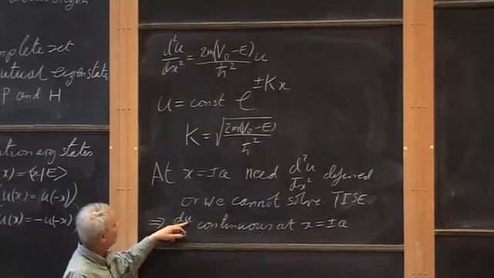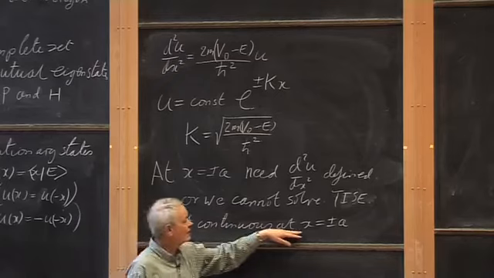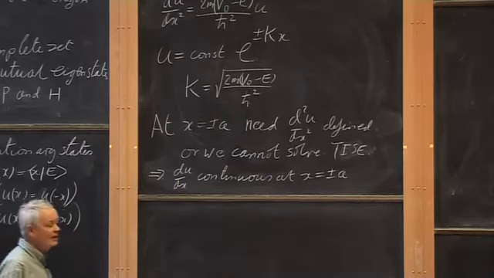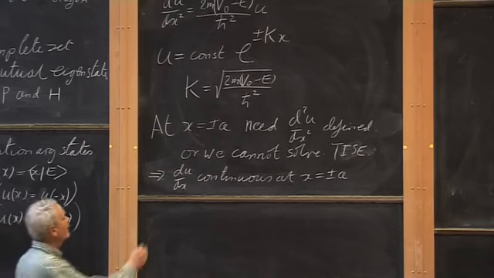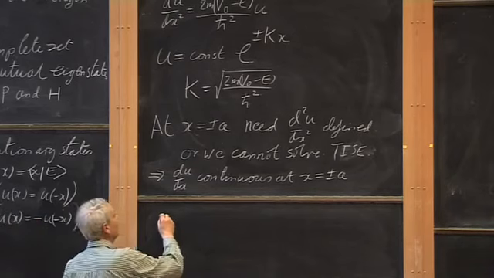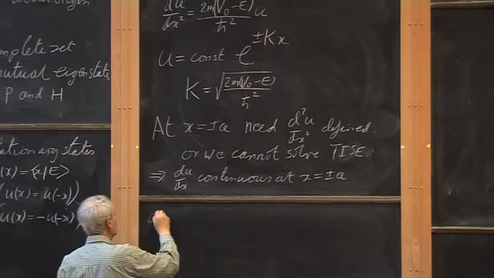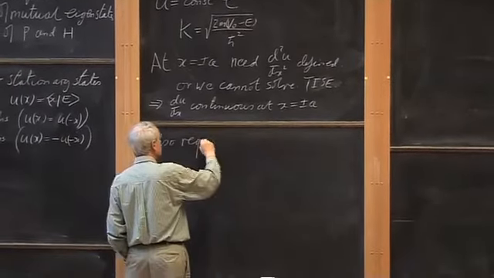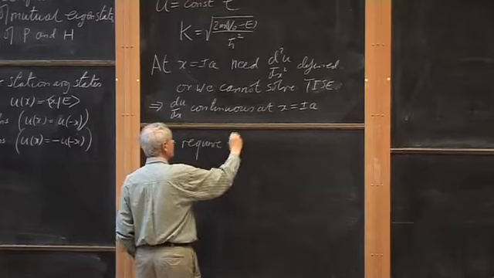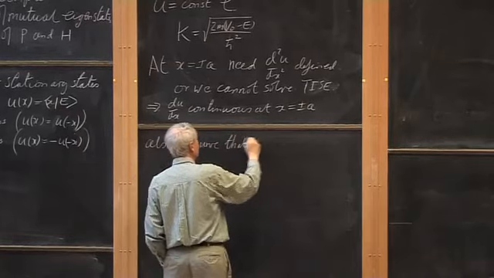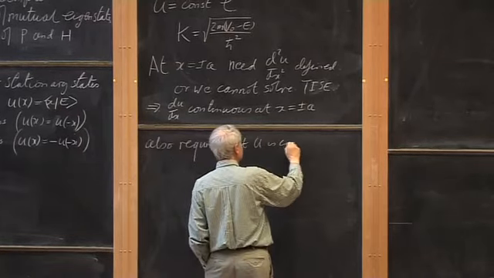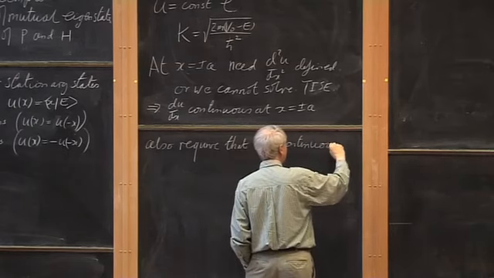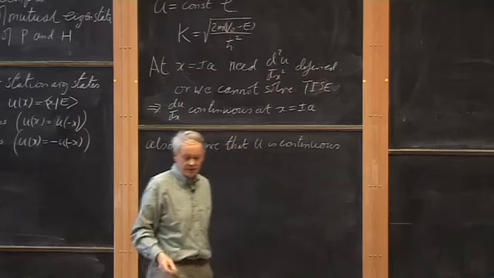Okay, so the gradient has to be continuous. The gradient is not even going to be defined unless the wave function itself is continuous. So we also require, for similar reasons, that U is continuous at these points.